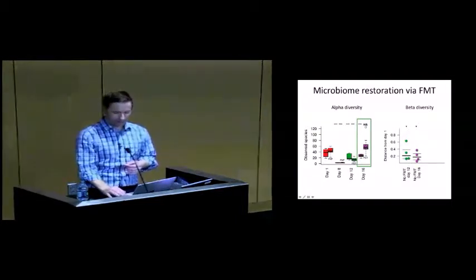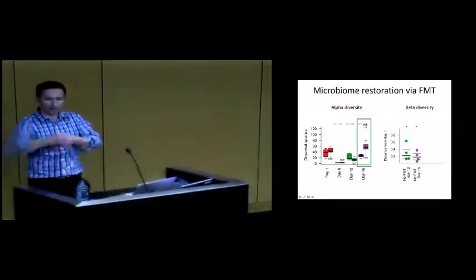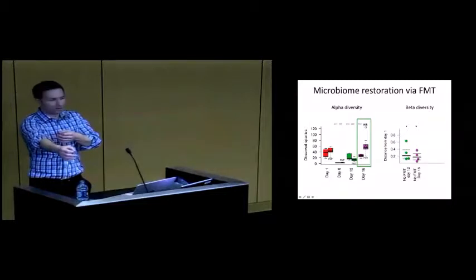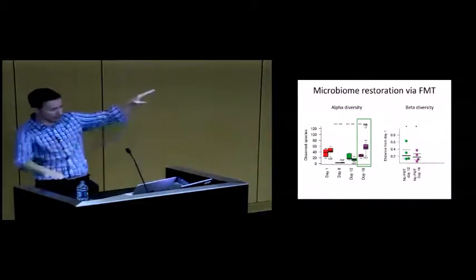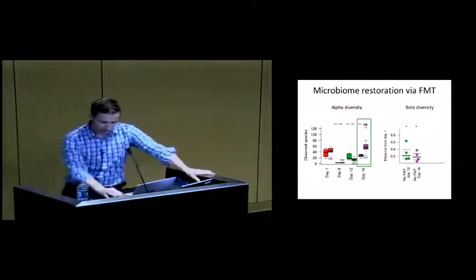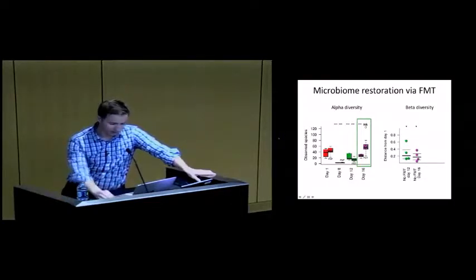And this is saying, how different is this mouse's microbiome from their baseline sample at day 1? Is it almost the same microbes, same ratio, or has it changed a lot? In this case, it's changed quite a bit, and it's significantly different from how it started.